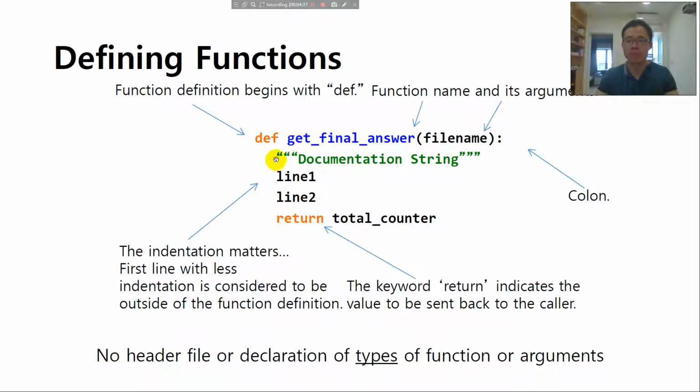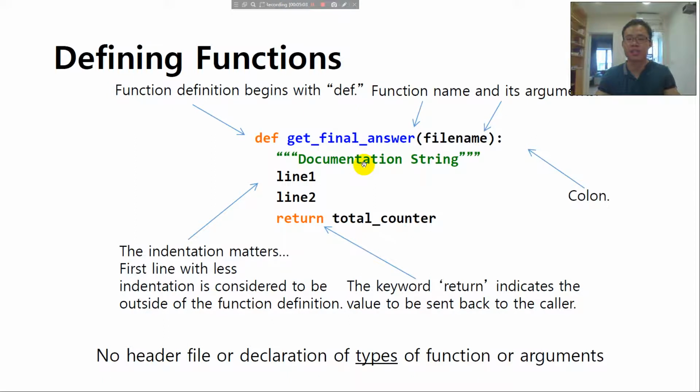The comment is a comment, not just a string, because it has three quotations. If you just have a single or double quotation pair, then it's a string. But here we have three pairs of quotations, so it's a comment.